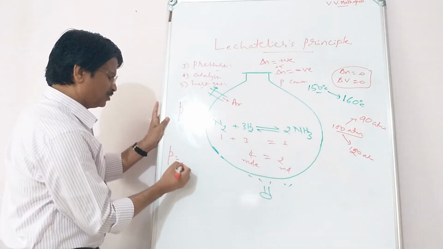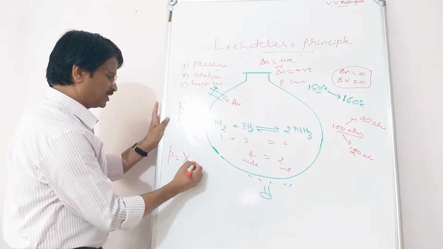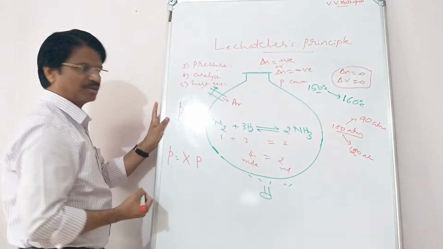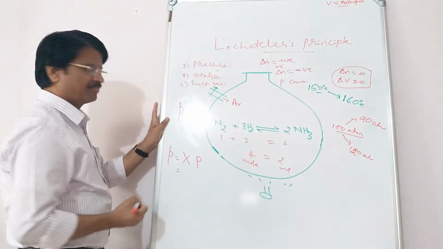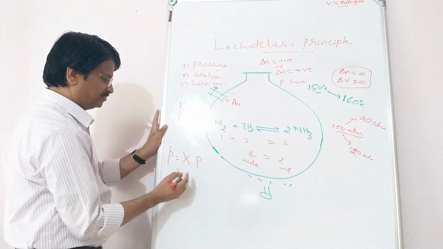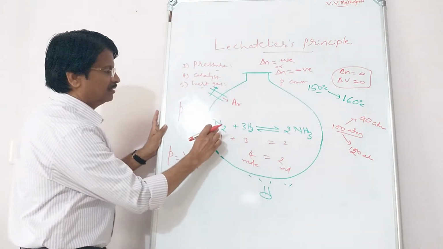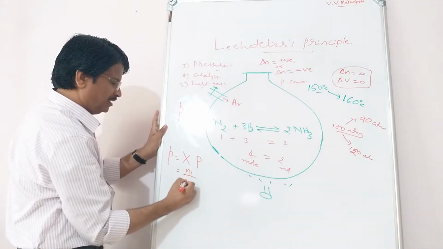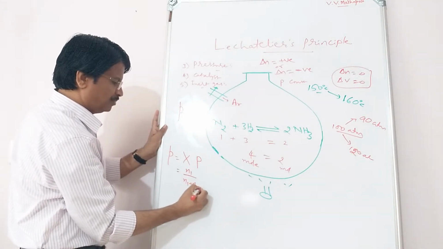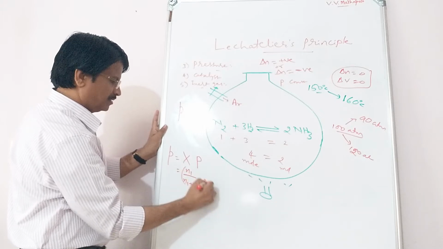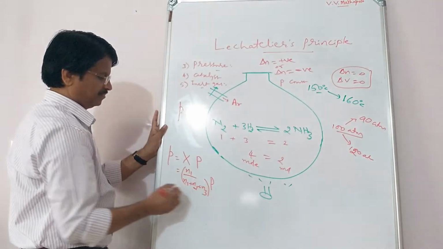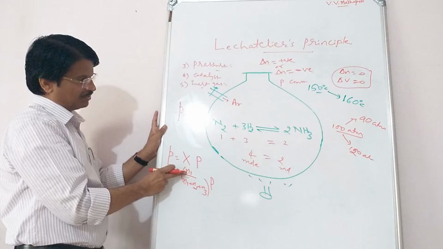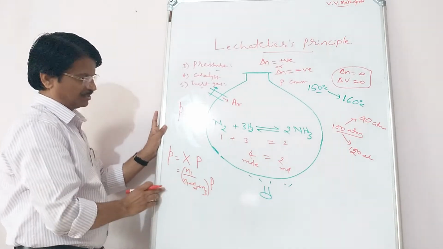Partial pressure equals mole fraction into total pressure. With respect to N2, with moles N1, N2, N3, it is N1 by N1 plus N2 plus N3 into P, the mole fraction of N2 into total pressure.